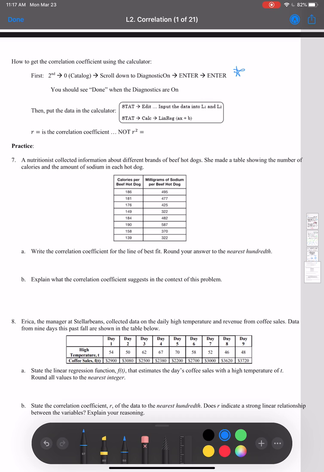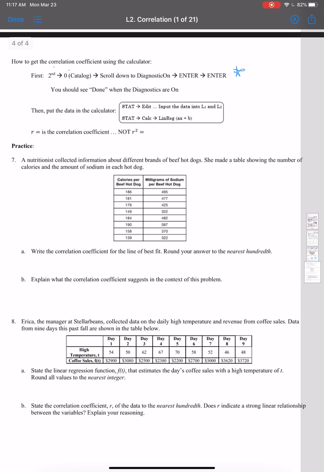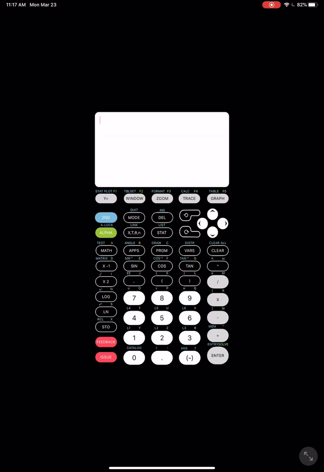So we're going to hit the second button and then 0. Okay, so second, 0, that's going to bring you to a catalog. Oh, mine's not bringing me to that.